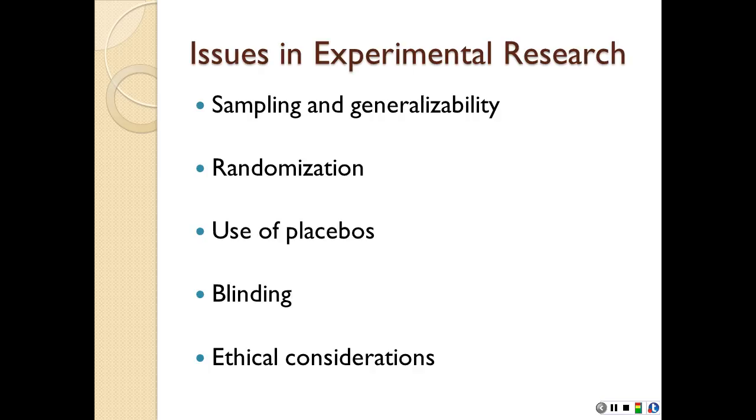The problem with them is that they have very low generalizability. Who wants to guess what generalizability means? You can't take your facts from this small group of people and then apply it to everybody. Exactly.